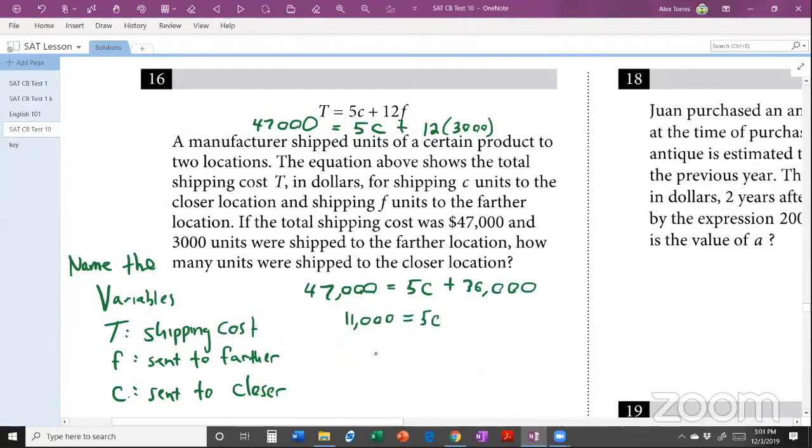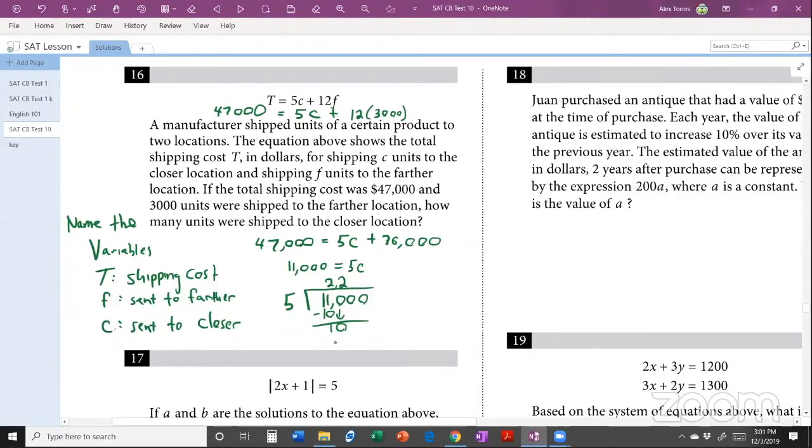And now we're doing 11,000 divided by 5. So we're dividing both sides by 5 to solve. So you get 5 times 2, which is 10. Subtract, and you get 1 with a 0. 5 times 2 equals 10 again. And now you have nothing but zeros. So we just fill the rest of the spots with 0. And the answer is 2,200.